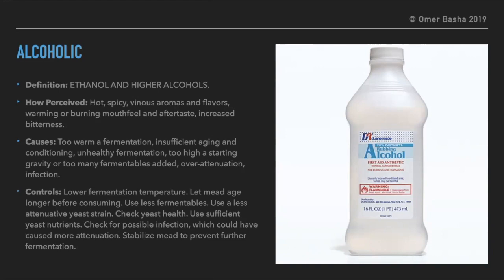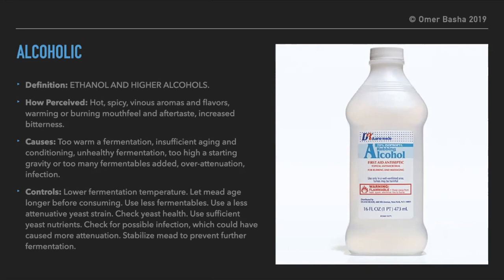The causes are too warm fermentation, insufficient aging and conditioning, unhealthy fermentation, like yeast without enough nutrients or oxygen, or not enough yeast, too high starting gravity, or too many fermentables that are added, or over attenuation, or it can even be from an infection.